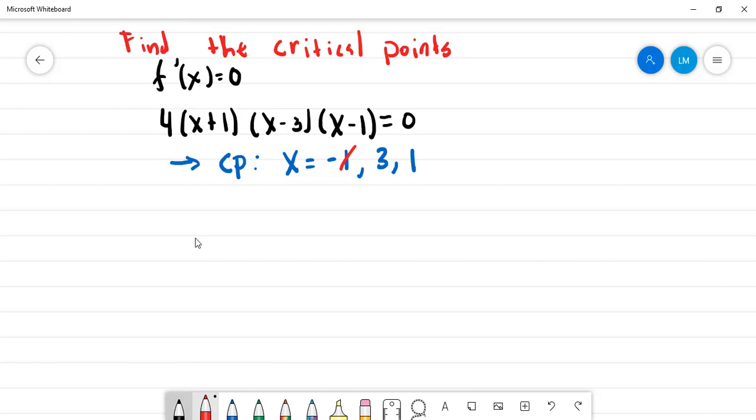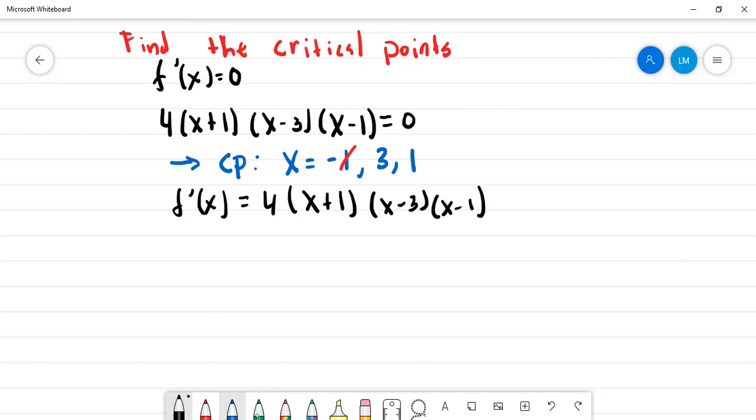Now, we'll write somewhere that the prime function was f prime of x equals 4 times x plus 1 times x minus 3 multiplied by x minus 1. Now this is where we're going to apply an interval line test. So we set up the interval line, and we're bounded by 0 and by 4.